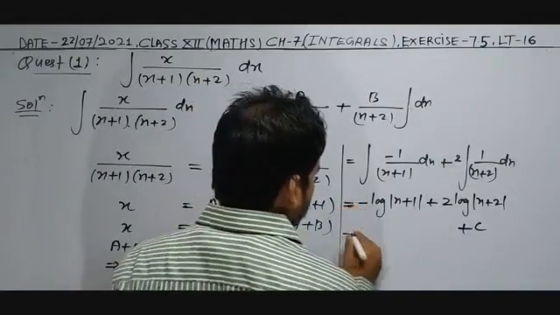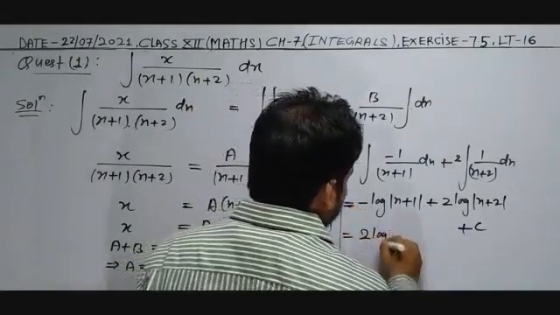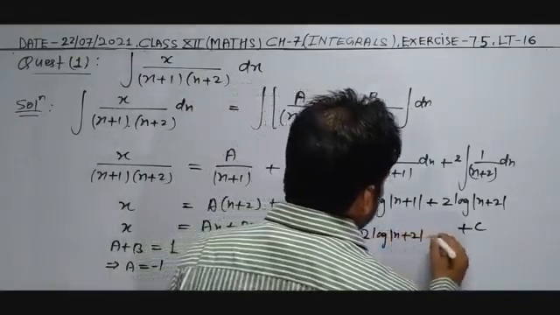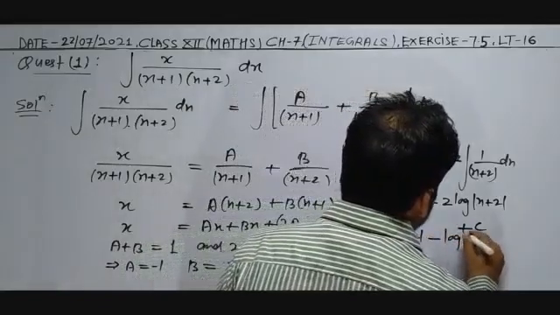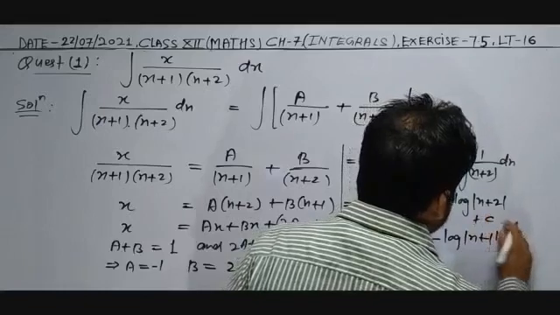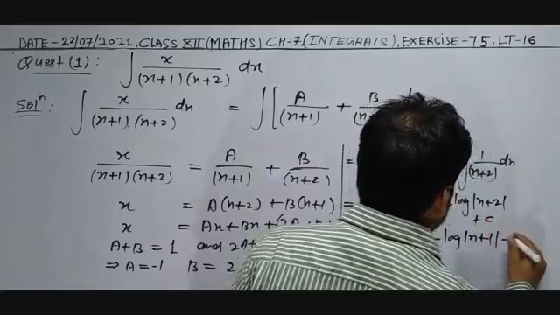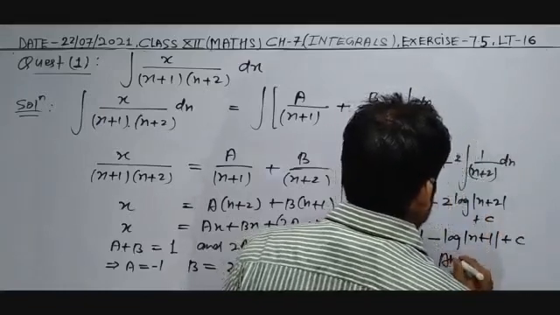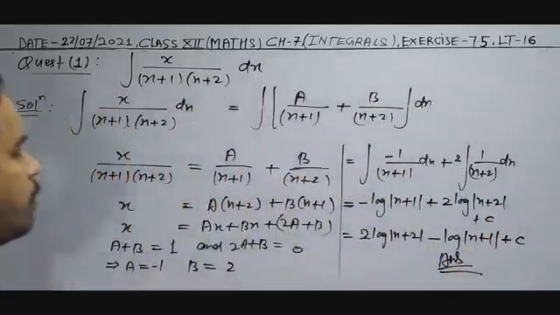Answer will be 2 times log of mod of x plus 2 minus log of mod of x plus 1, plus c. Now this is the answer. Question number 1 is completed.